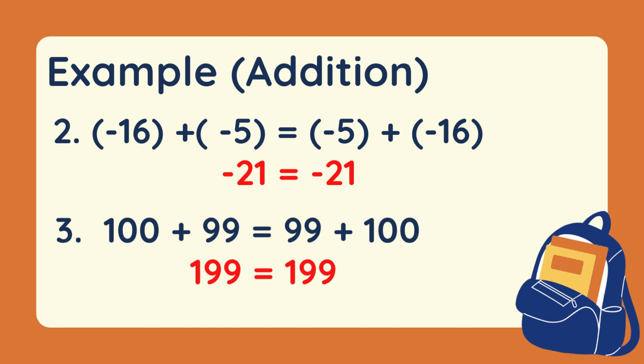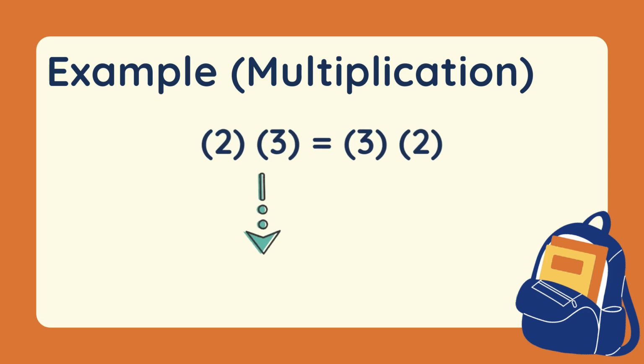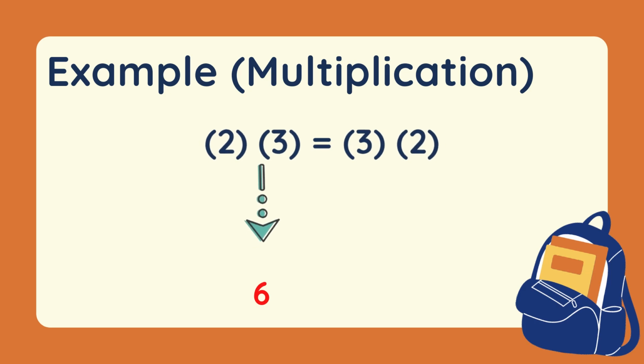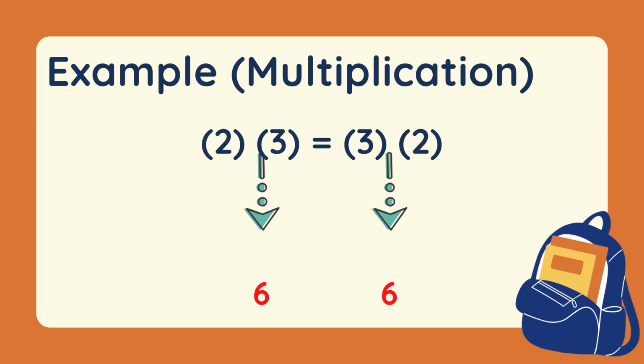Whether the 100 comes first or not, we will still arrive at 199 as the answer. The same property is true with multiplication. Commutative property for multiplication: 2 times 3 is 6, and that is also equal to 3 times 2, which will give us the answer 6.